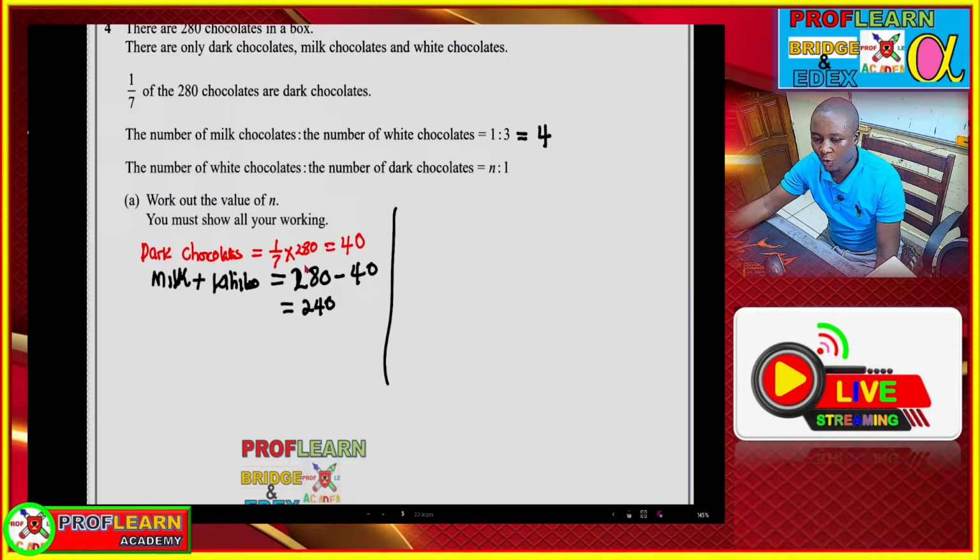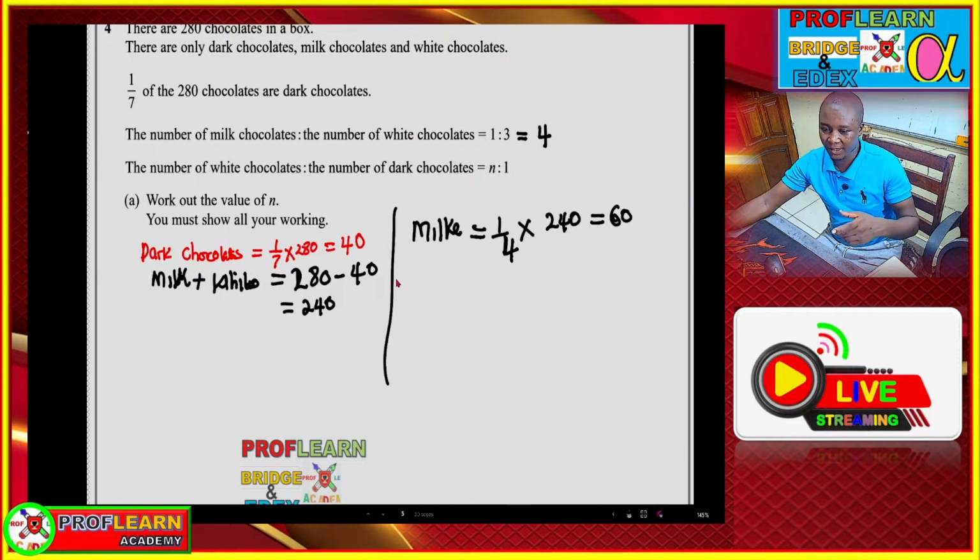So if we want to find milk, milk is 1:3, so it will be 1/4 times 240. And 4 goes to 24 6 times, so this is going to be 60. We have 60 milk chocolates.